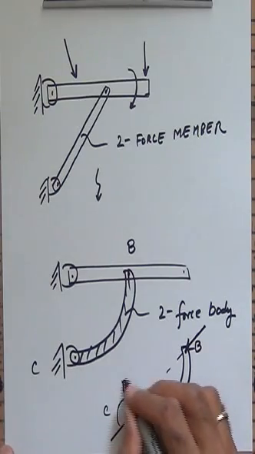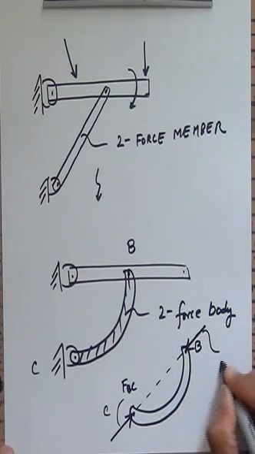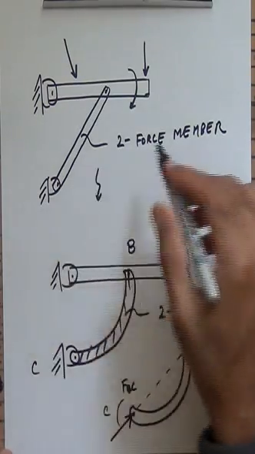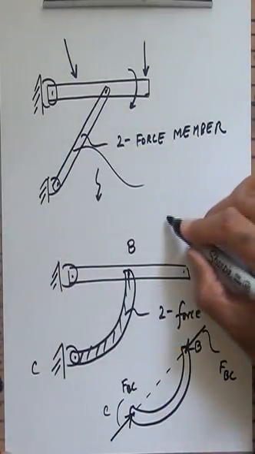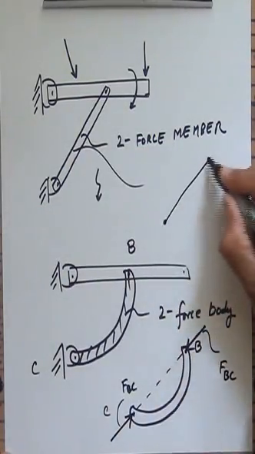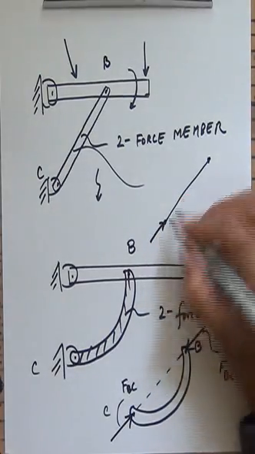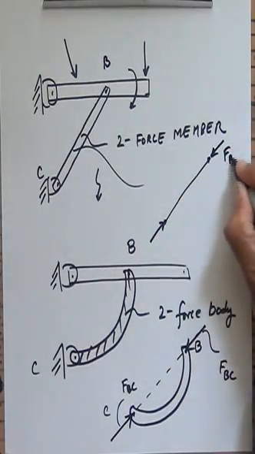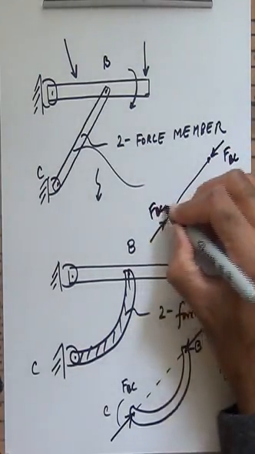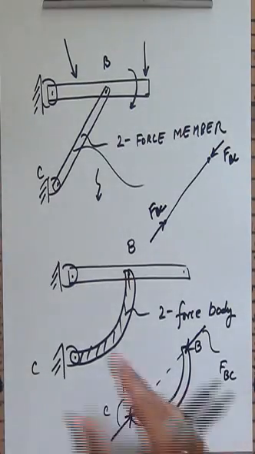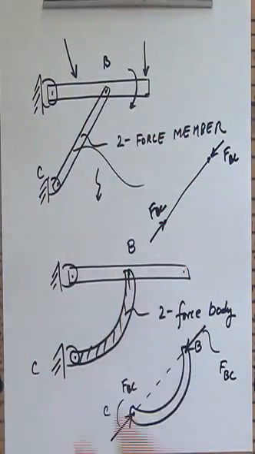So this is going to be FBC, and this is also going to be FBC. This is basically the same as that. If I take that rigid body, I know that if this is C and this is B, the force has to be acting along that particular line. So it does not make a difference to us whether the body is curved or straight.